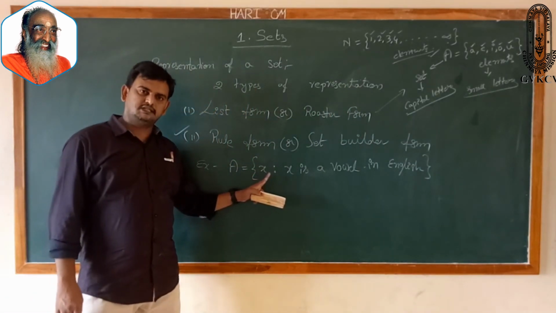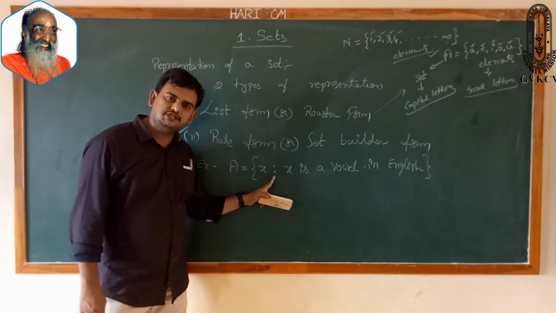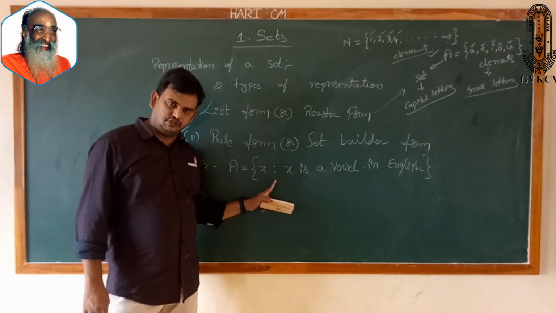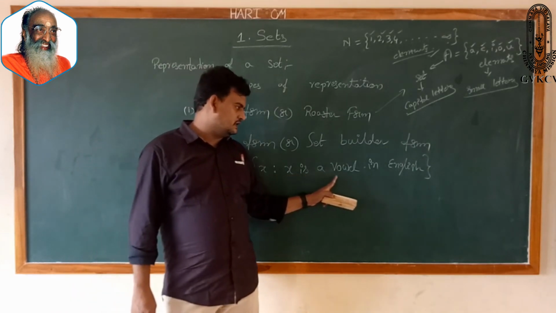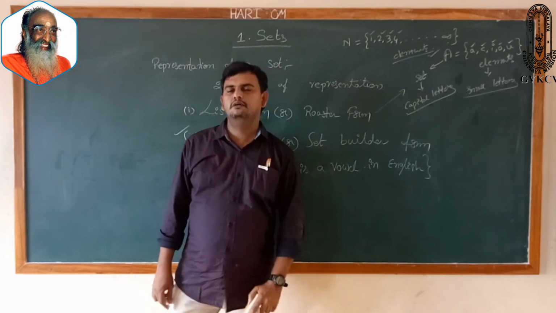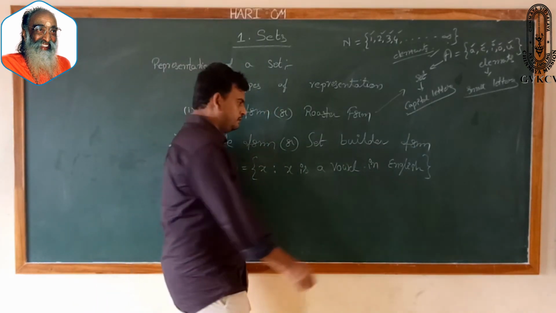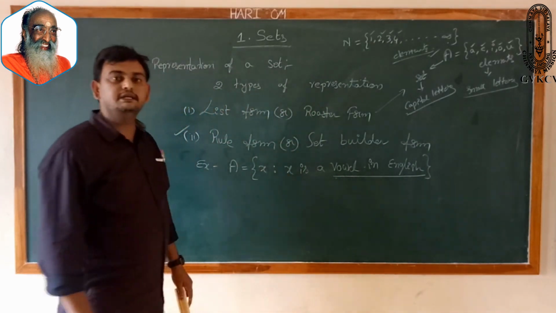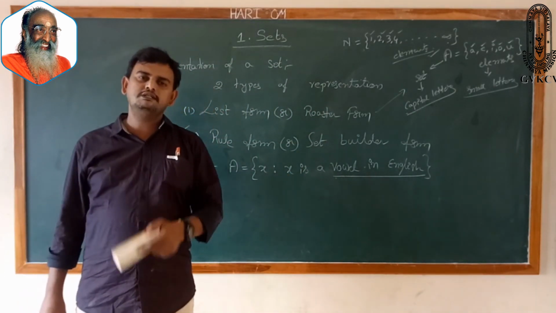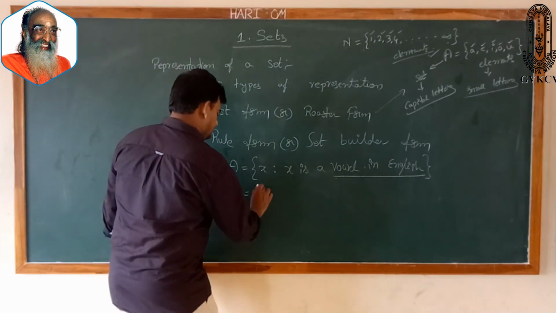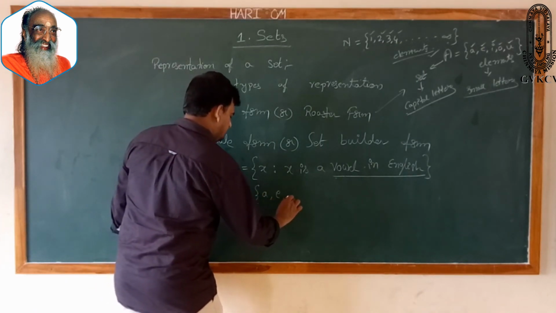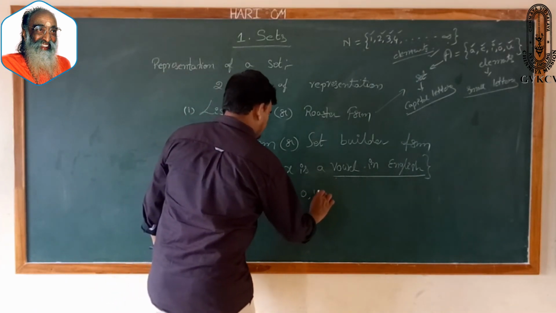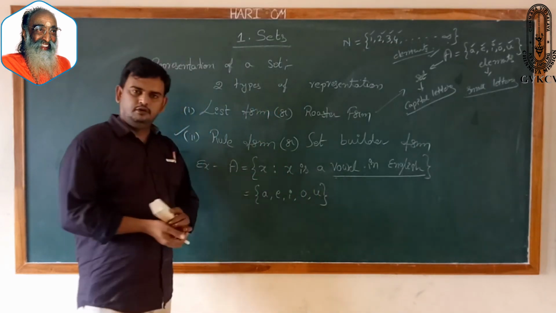This is called "such that": x such that x is a vowel in English. Here, what is the rule we are following? Vowels in English. Now what are the vowels in English? Now I can write A, E, I, O, U.